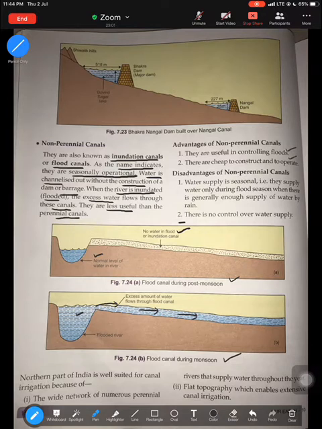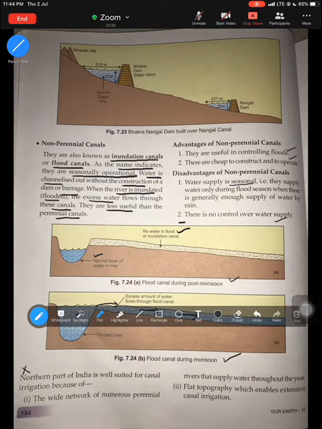Whereas the disadvantage is that water supply is seasonal, so we cannot really depend on inundation canals or non-perennial canals. There's no control over water supplies. If the water exceeds, you cannot have a controlled flow of water. Whereas in the perennial canal, a dam or a barrage is constructed, so you can easily control the flow of water. But in non-perennial canals, you cannot. Right now, this part is important.